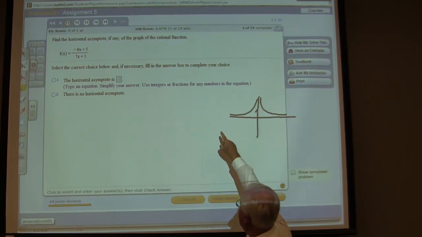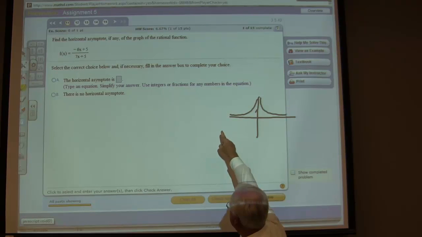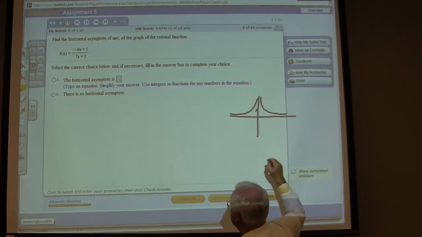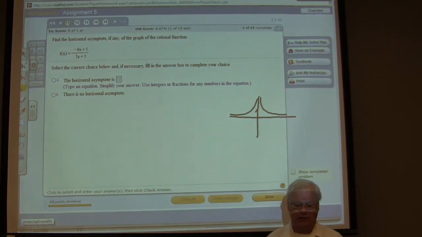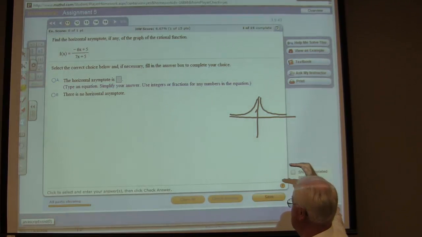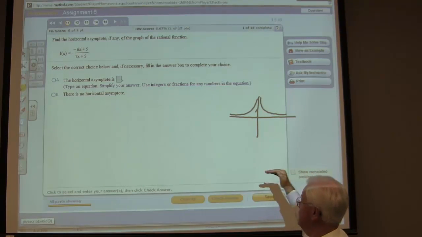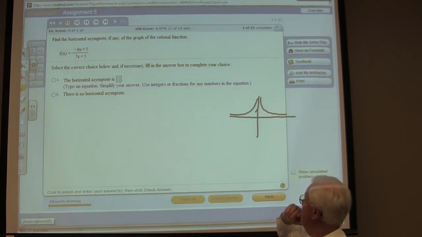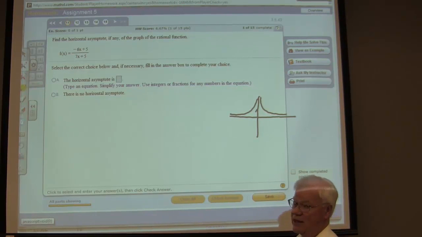They're going to flatten out. So this one looks like it gets closer and closer to the x-axis. We would say that the horizontal asymptote is y equals 0 because the x-axis is y equals 0.